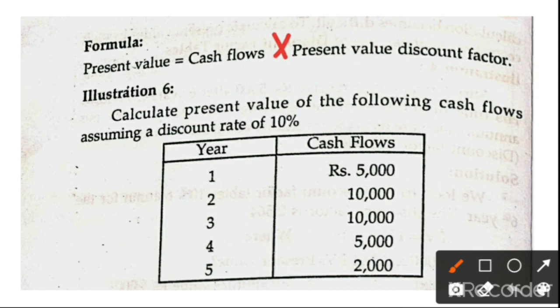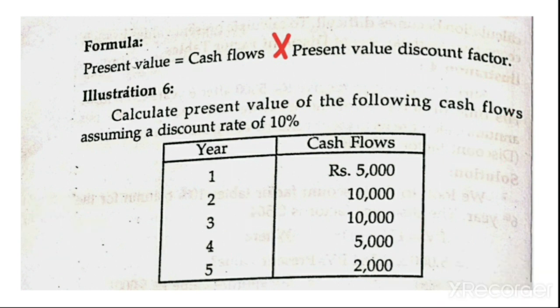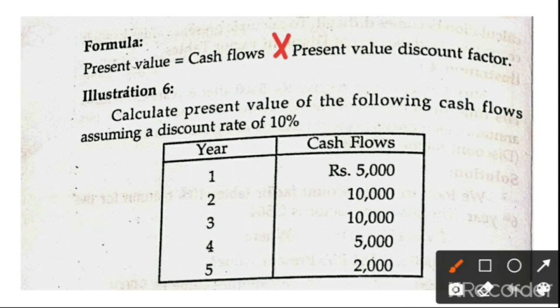In the series problem, the main important thing is finding the discounting factor. Why? Because if they give different year cash flows for different years, we cannot use the formula present value is equal to cash flows into present value of discounting factor, since we don't know the discounting factor. So we have different year cash flows, but we don't have different year discounting factors.